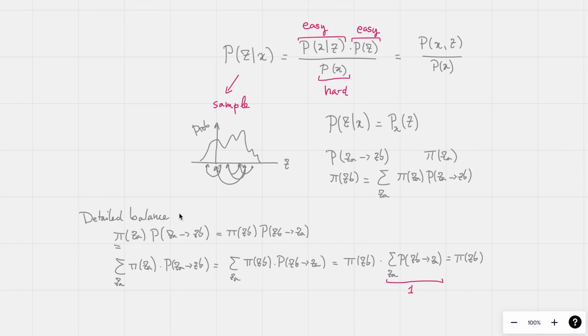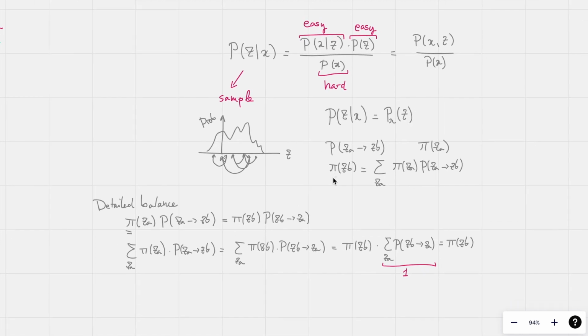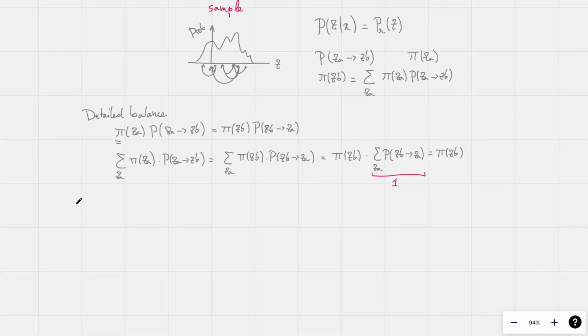So now we almost have everything we need. We just need to find a way to engineer a process which will fulfill this particular condition. So we still need one more ingredient, which is something that will allow us to make jumps over the landscape of possible values of Z. So we introduce here something that we choose or that we engineer.